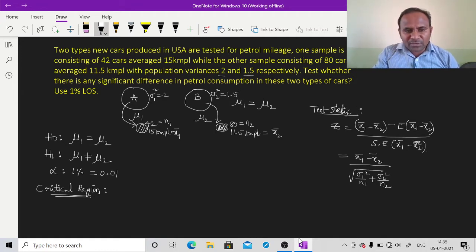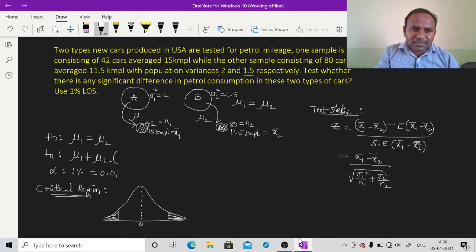Z is your random variable following a normal distribution whose mean is equal to 0. We take the critical region in the two tails of the distribution, because we have selected a two-tailed alternative hypothesis.